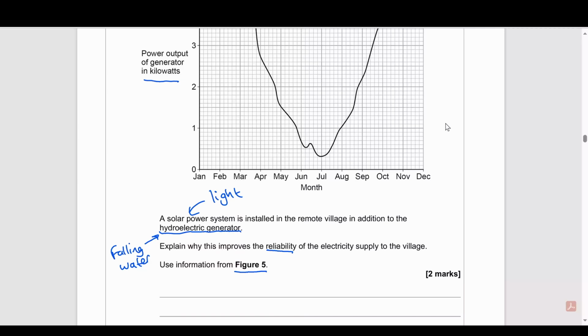So why would both of these two methods of generating electricity improve their reliability? Well, let's think about if one was only present. So imagine that the hydroelectric generator was not there, and it's only the solar power. Well, as we've identified, it only works on the principle of light.